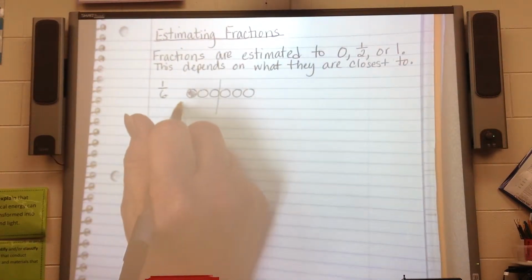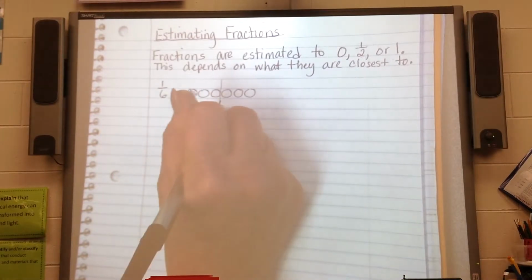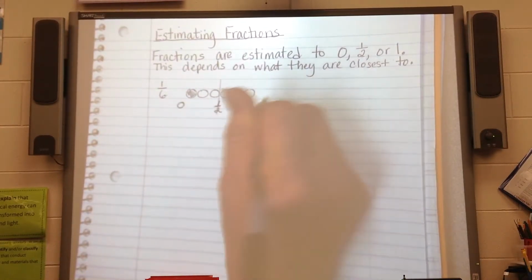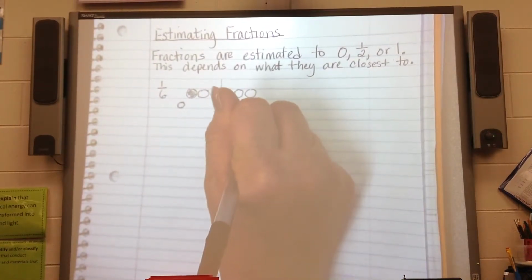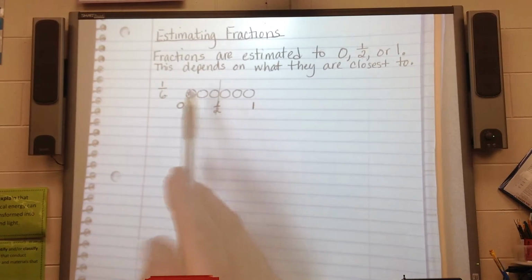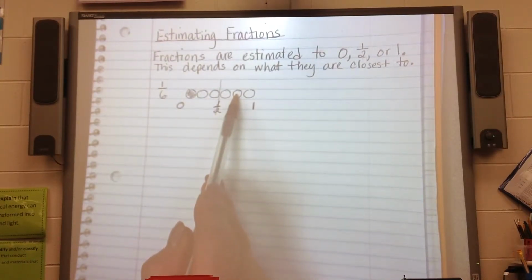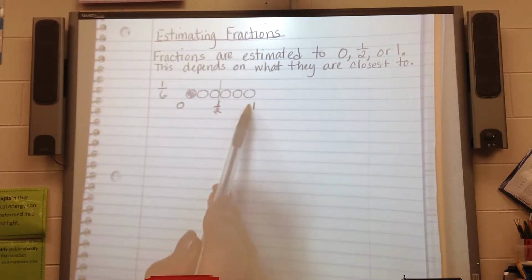Down here, if this were a number line, this would be a 0. This would be a 1/2, and this would be another whole if this were a number line. So if I had 6 items and I had 5 of them, then I would have colored in all the way over to the circle that I'm pointing to. And that's kind of close to that 1.